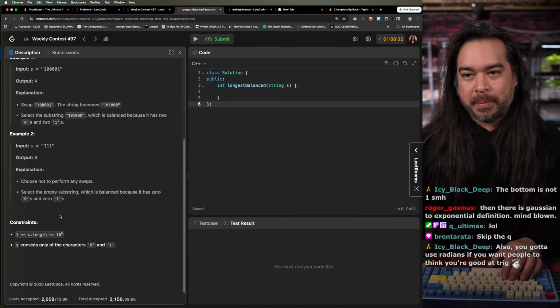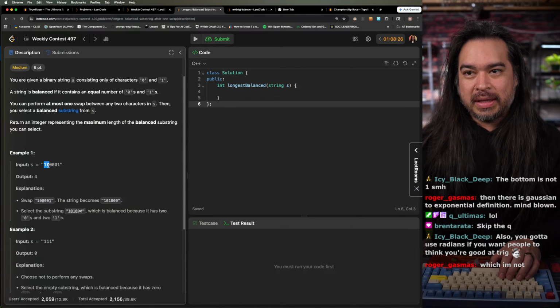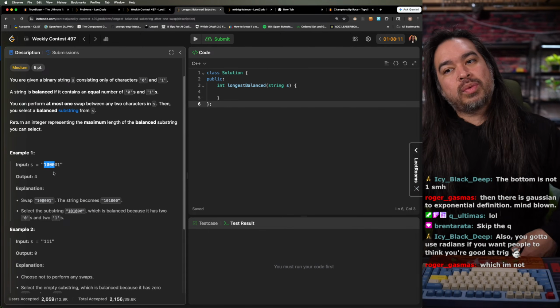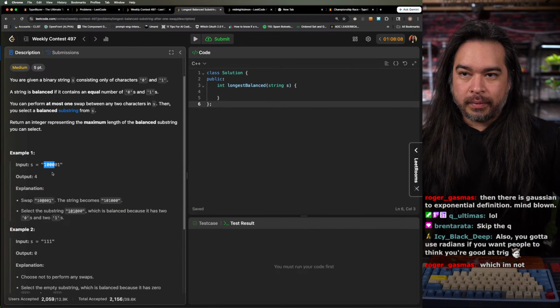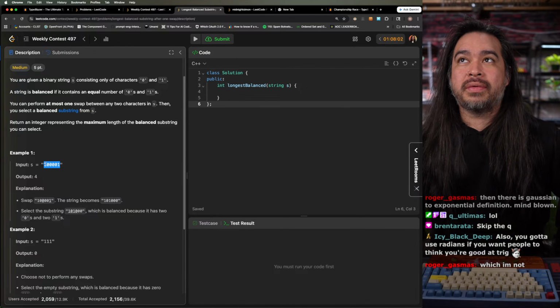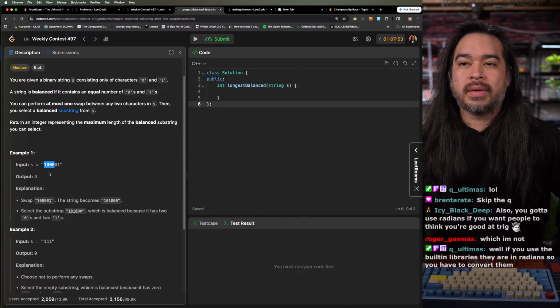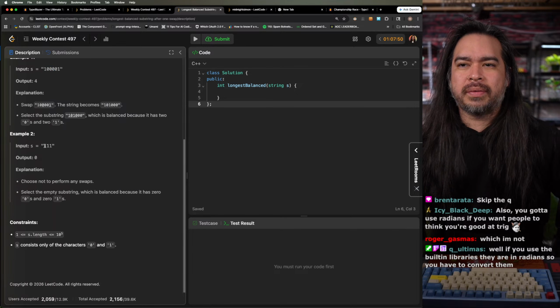Anyways, guys, let's think about this dang Q3. All right. So I'm saying if we find the longest balanced one, how do you know if there's something we can swap in there? What if nothing?